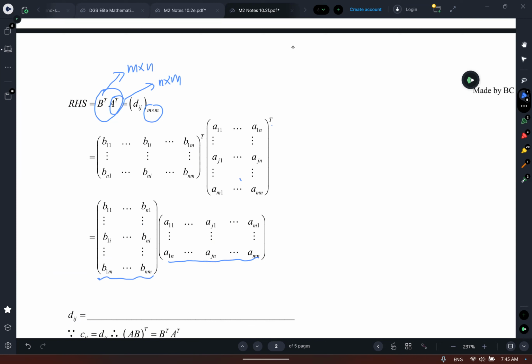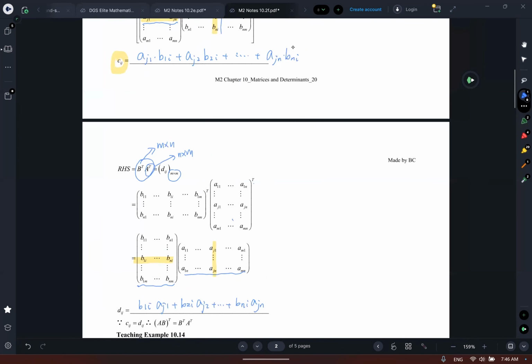So in order to get Dij, which is a certain element inside the outcome matrix, I'm supposed to use the ith row times the jth column. So that is B1i Aj1 plus B2i Aj2, and then the last one is Bni Ajn.